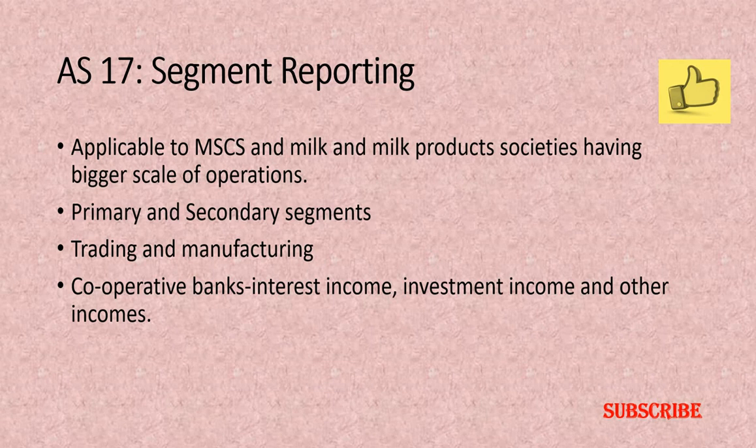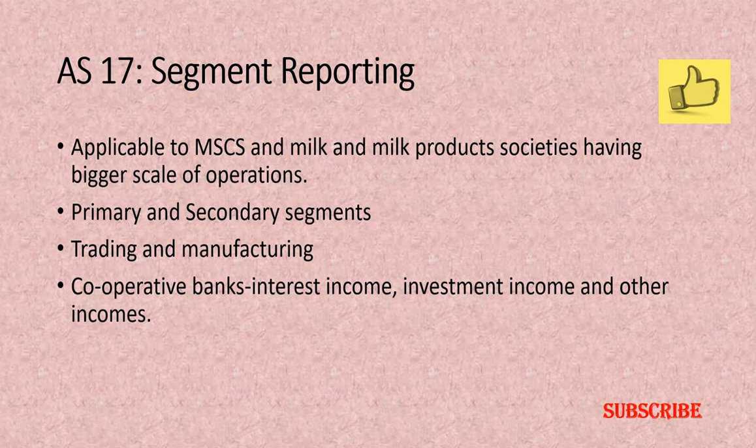Suppose you take Amul as one cooperative society, where there is chocolate manufacturing, curd, and all the products. A segment is nothing but a division. So when the revenue of a particular division is more than 10% of the total revenue, in such a case AS 17 is appropriately applicable there.